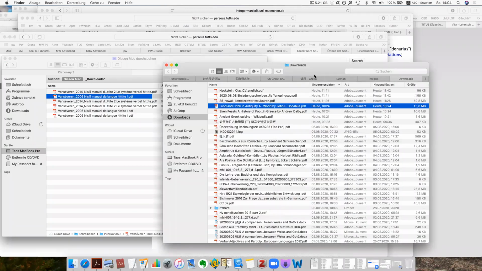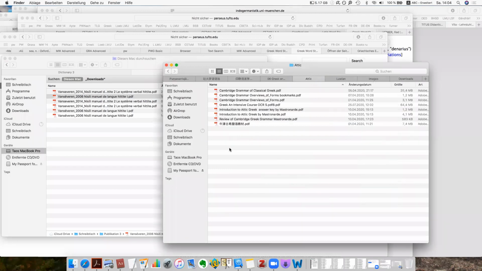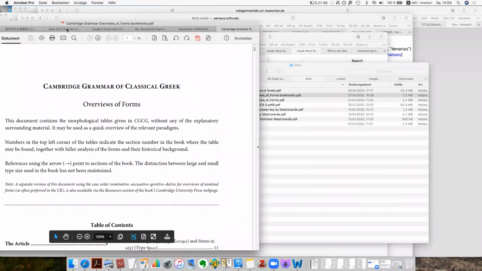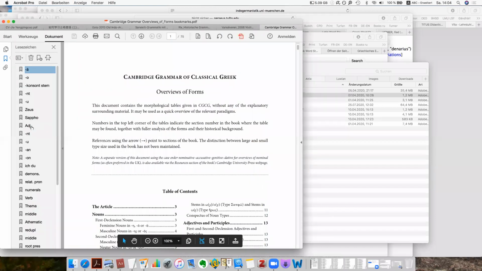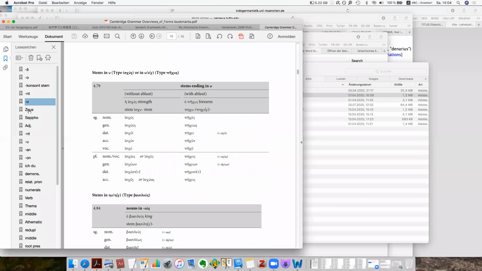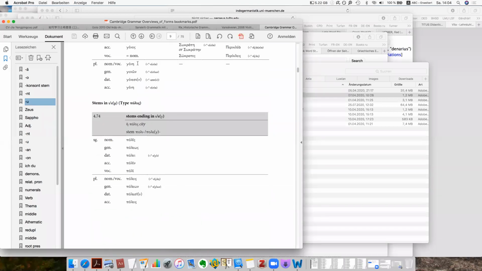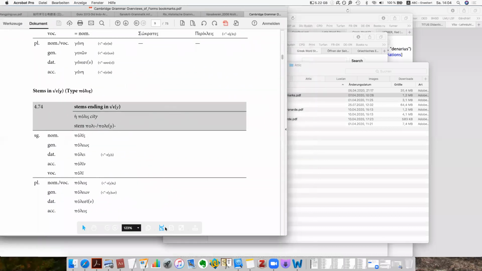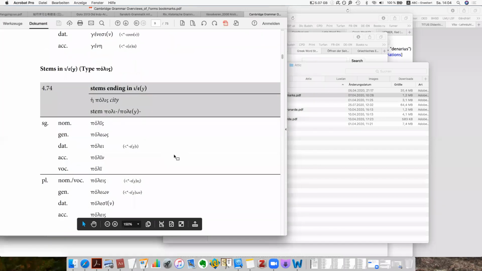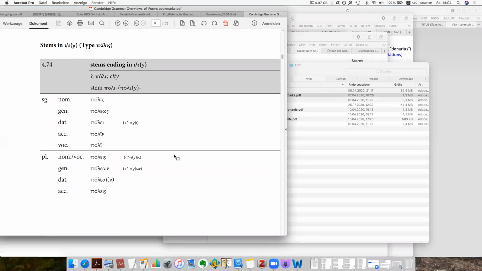The grammar table, you find it in the Cambridge grammar. So let's check it. Yes, this one. I studied Greek in China, in Shanghai, and I found this word really complicated, the forms.